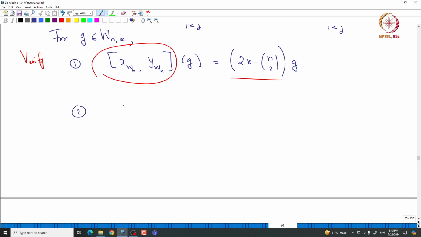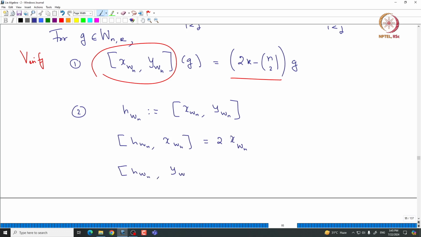The second thing is when you define H_Wn to be the bracket of X_Wn and Y_Wn, which you can take as a definition, then you have to verify that [H_Wn, X_Wn] is going to give us twice X_Wn, and similarly [H_Wn, Y_Wn] should give us minus twice Y_Wn. If you check all these three formulas, then we have a representation of sl2 action on this W_n.